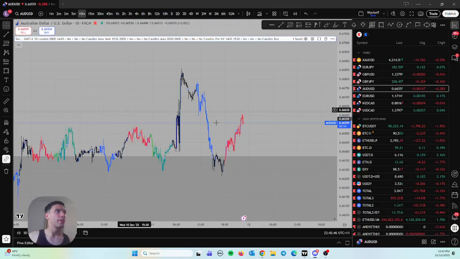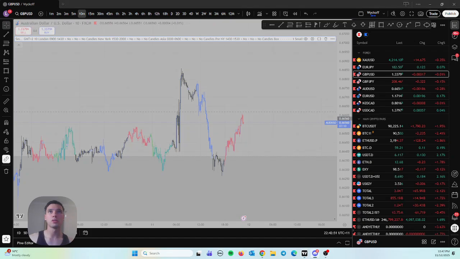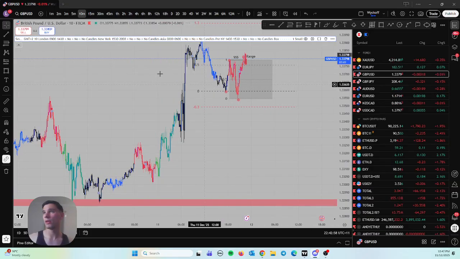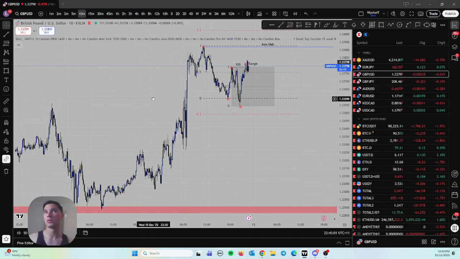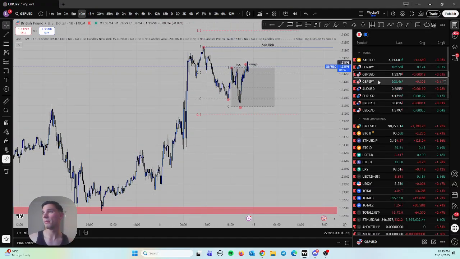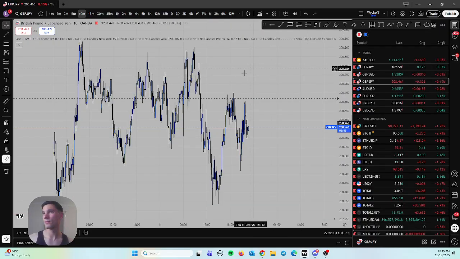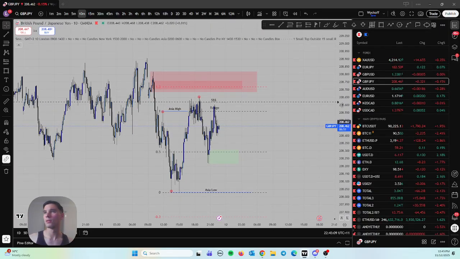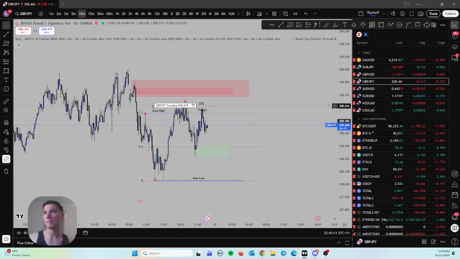I do think I may have cooked something up here, not in a good way. I have a feeling that my range starting point, GBP JPY, should have been there.